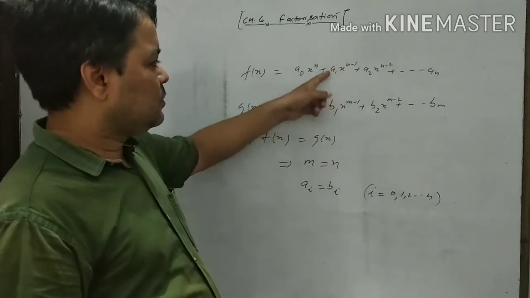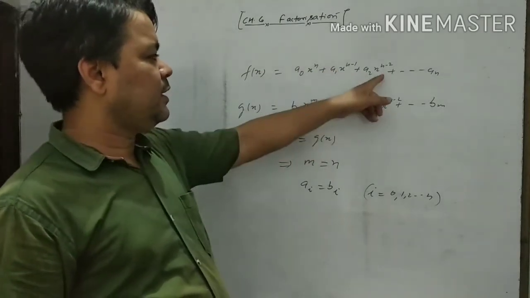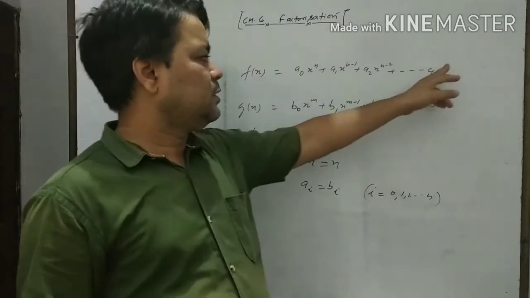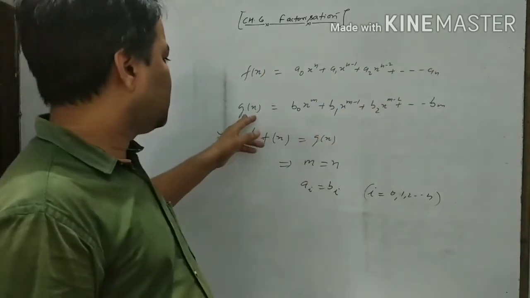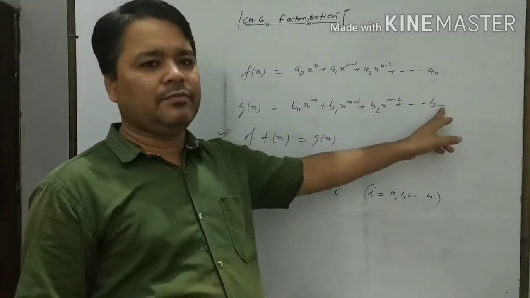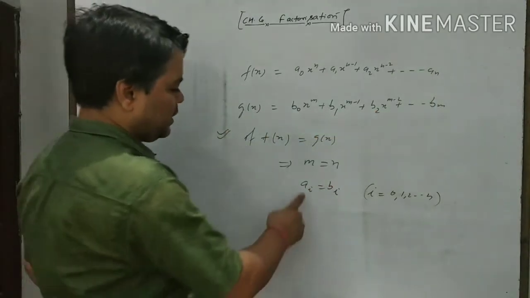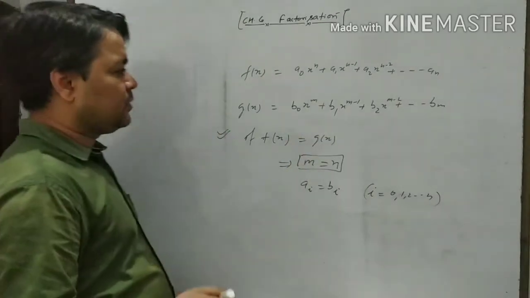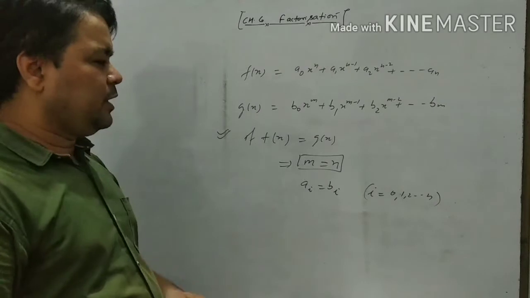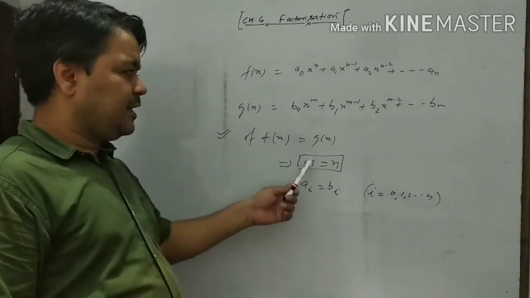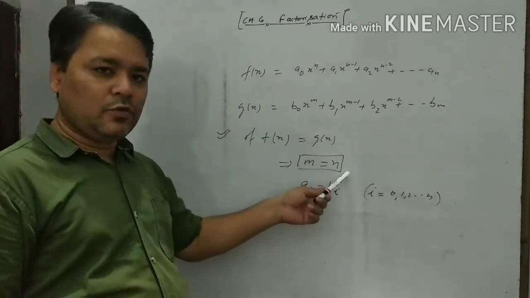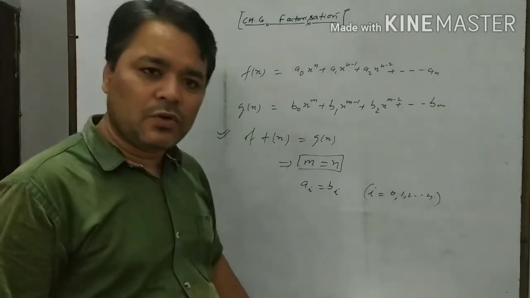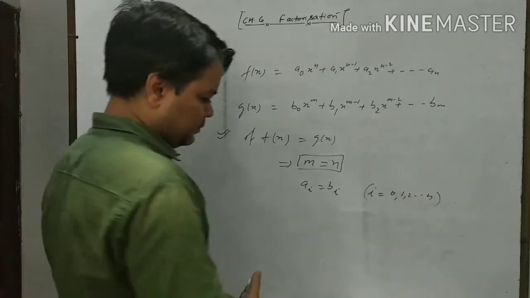Similarly here a1 should be equal to b1, similarly here a2 should be equal to b2, and the constant term of this polynomial, that is an, should be equal to the constant term of this polynomial, that is bn. So symbolically we can write here ai is equal to bi. It means two polynomials will be equal if the degrees of both polynomials are equal and the corresponding coefficients are also equal.